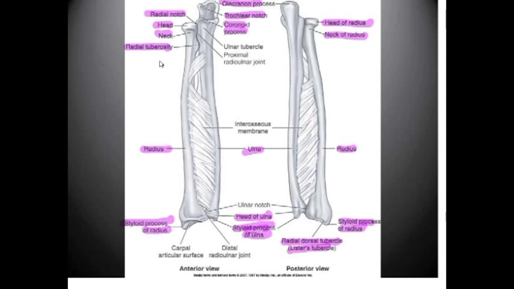Okay, so looking at our images, looking at the drawing initially, we have the ulna and the radius. And so basically, we see that the radius is on the thumb side if you are in supination.